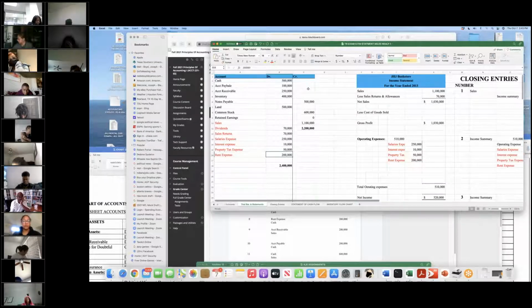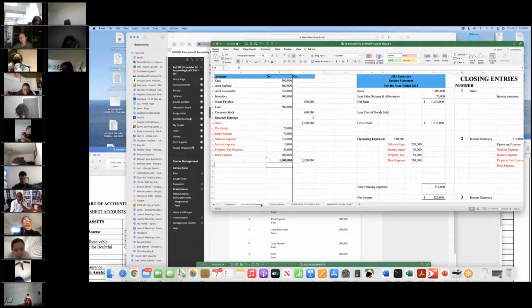Well, I'm trying to figure out why he's balancing right now. It looked like he was missing something. Let's go down and balance all the way. So this trial balance is not balanced. He has cash at 500,000.